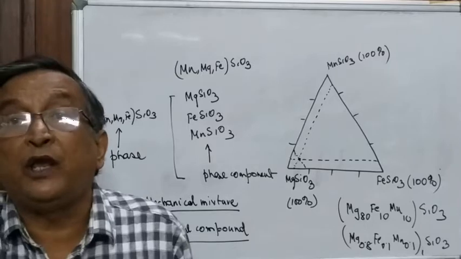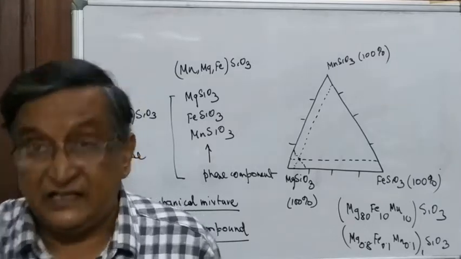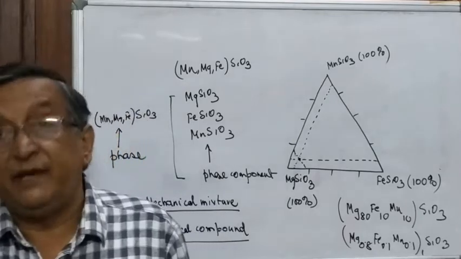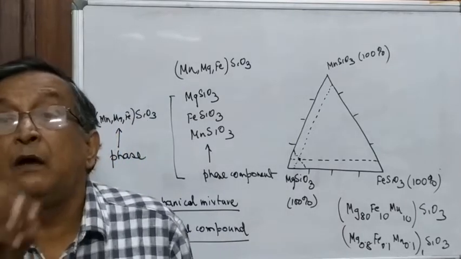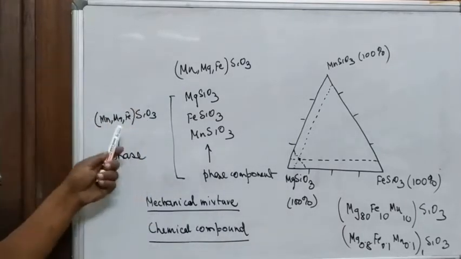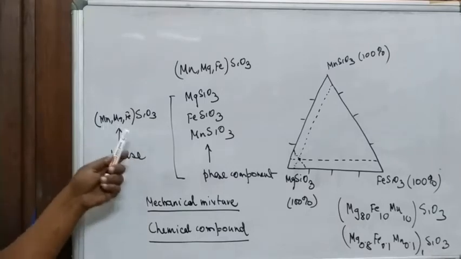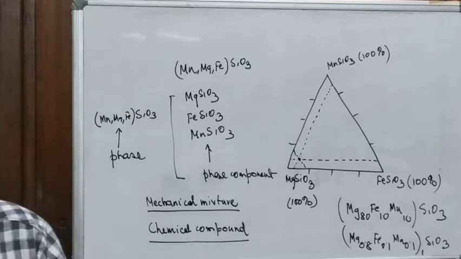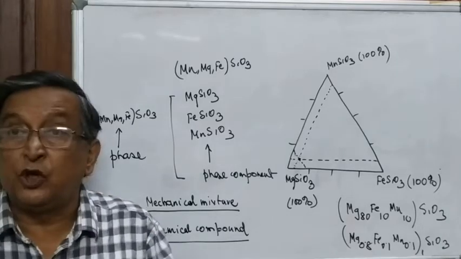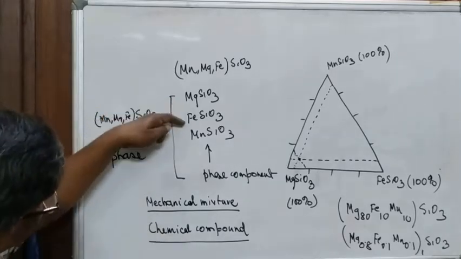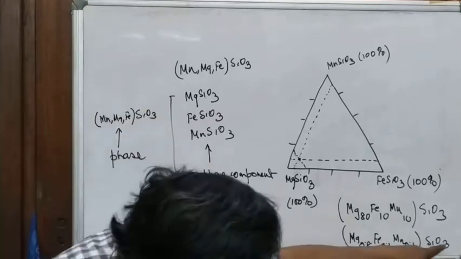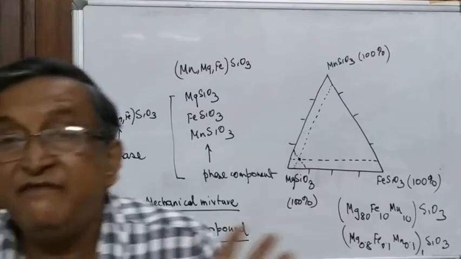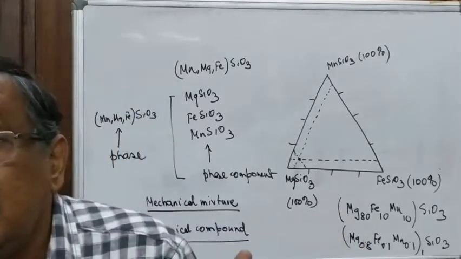That is why you're saying rhodonite should be a phase, because in your mind you still think it's a mechanical mixture. It is not. It's a chemical compound. This orthopyroxene phase is a chemical compound which we call a solid solution phase. It's homogeneous, where all these three components are there in this proportion and they are not separable by physical means.